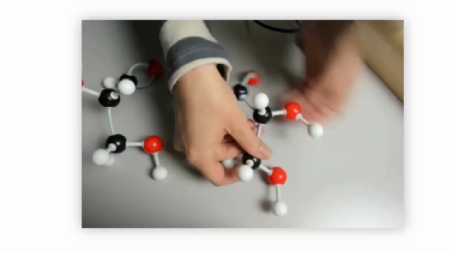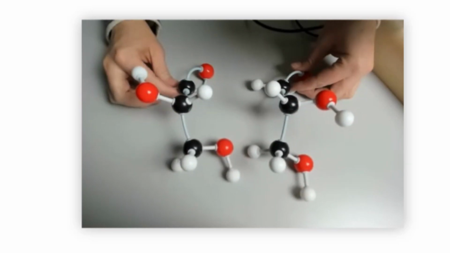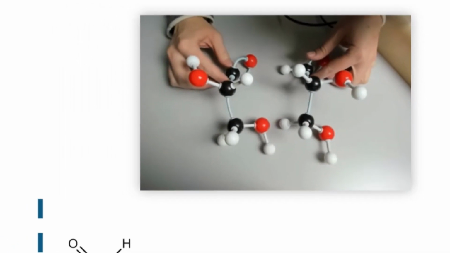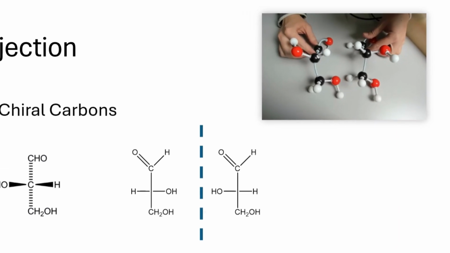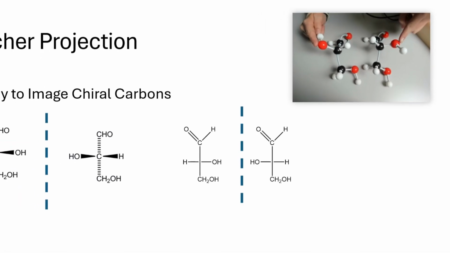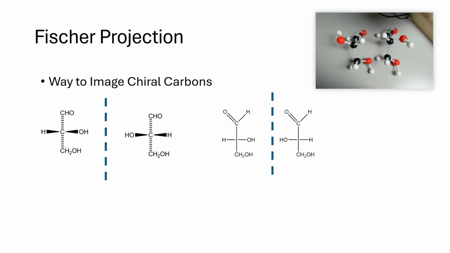Now within this Fischer projection, we have our two enantiomers of glyceraldehyde. What we want to look at then is the hydroxyl group on the last chiral carbon. There is only one chiral carbon in glyceraldehyde, so it makes it a little bit easier to start with.